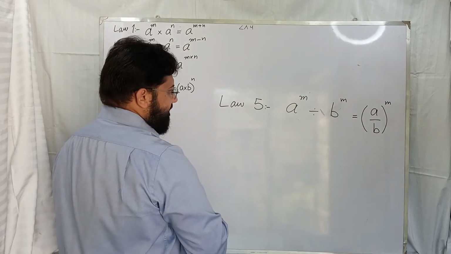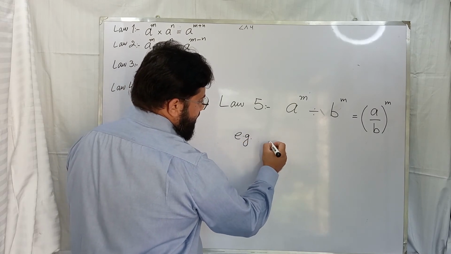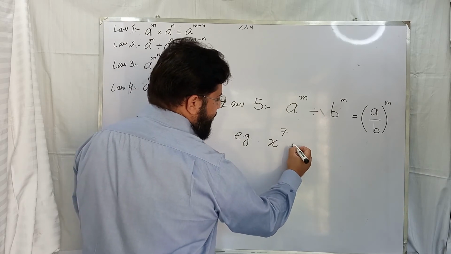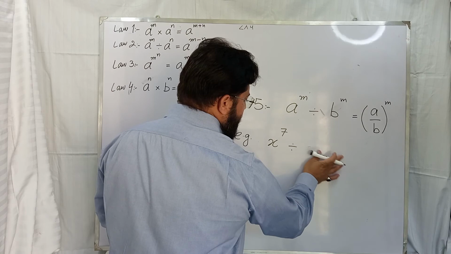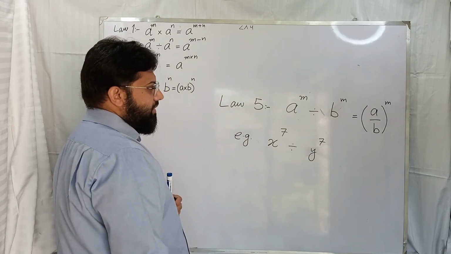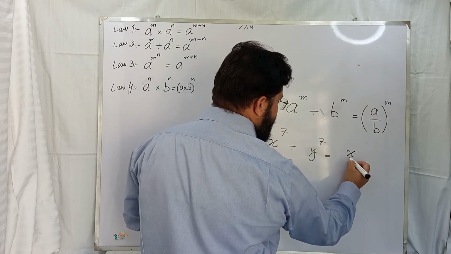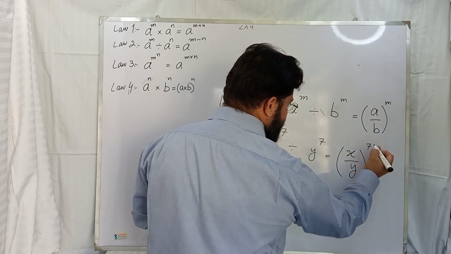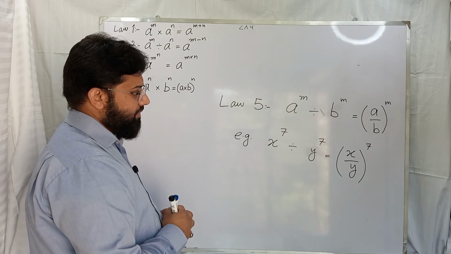For example, x to the power 7 is going to be divided by y to the power 7. So I can write it down as x over y whole power 7.